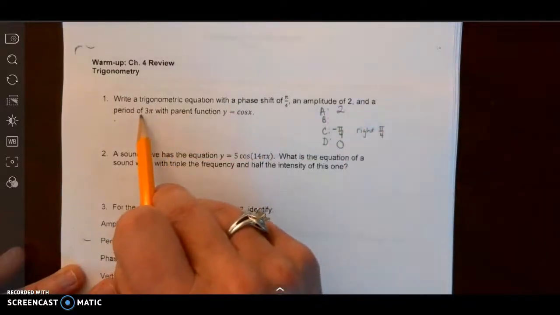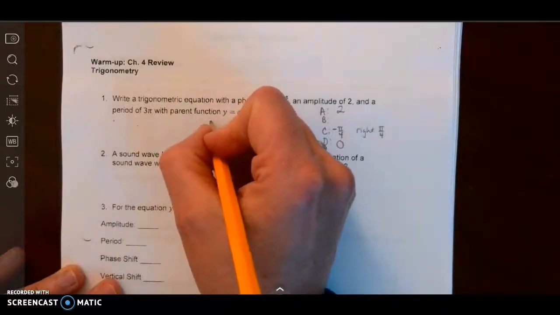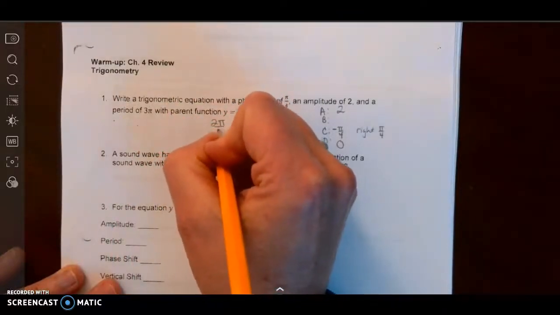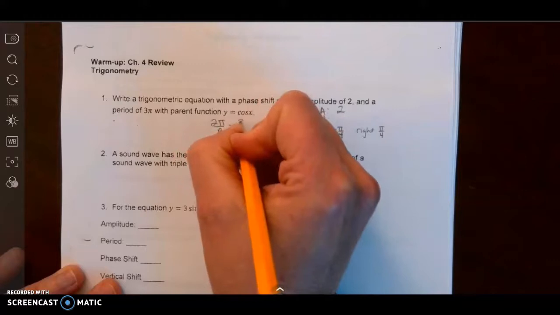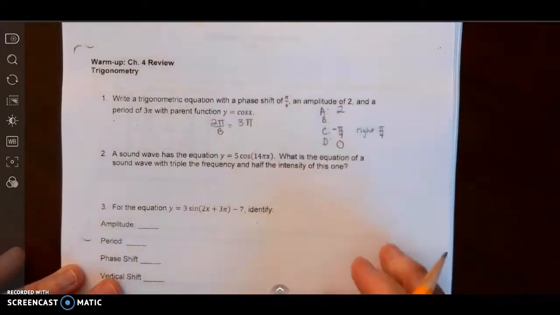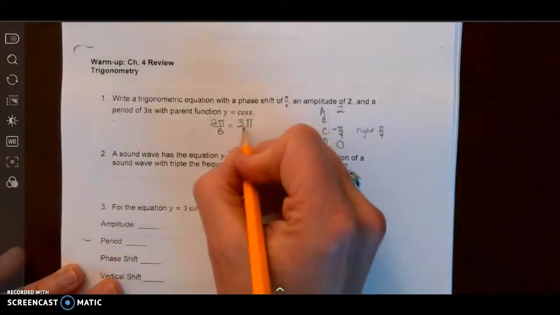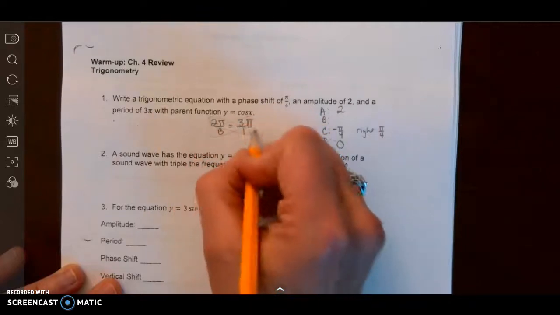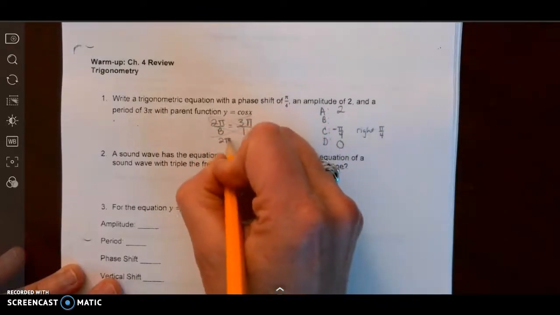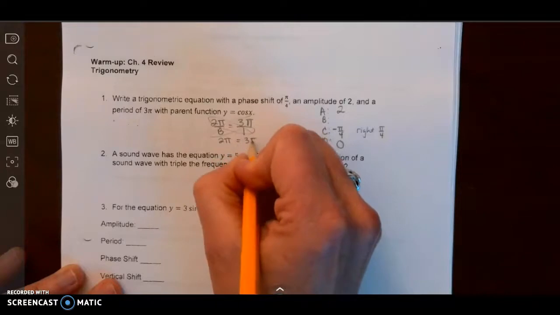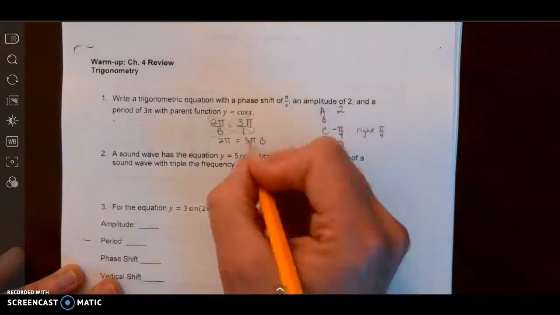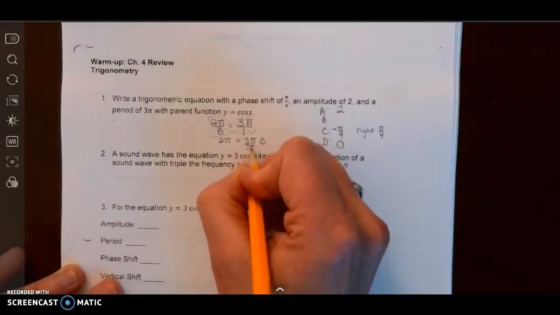And the period is 3 pi. So 2 pi over B equals the period. Now cross multiply and solve for B. Divide both sides by 3 pi.